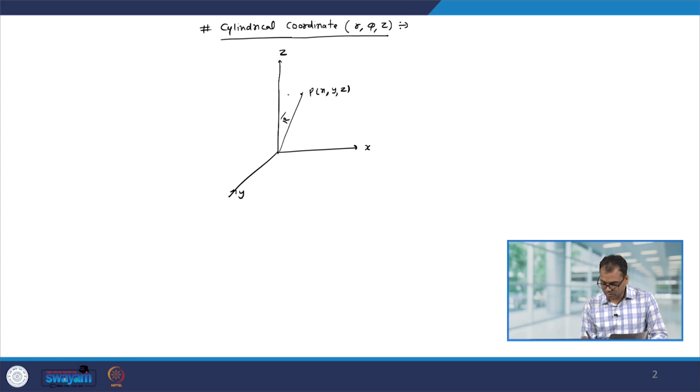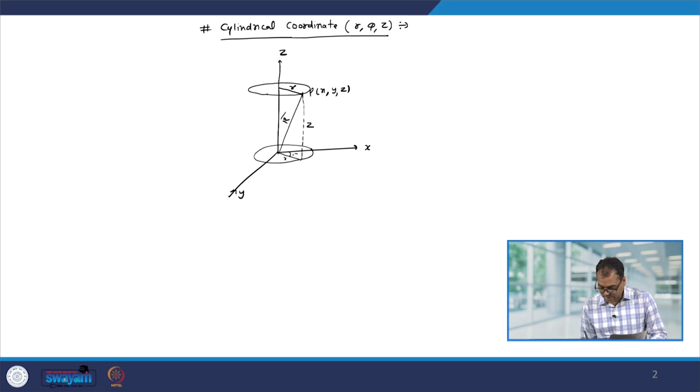Okay. So, let me draw a cylinder. Of radius small r and its height is z, and the angle that this radius vector r makes from the x axis is your phi.